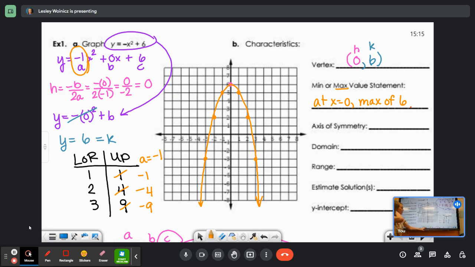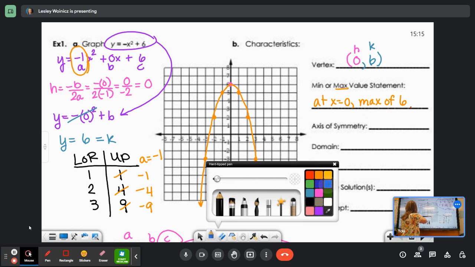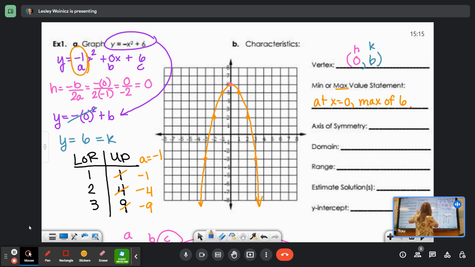Ooh, here's another fun thing. What did our C value promise us that our y-intercept should be? Yep.